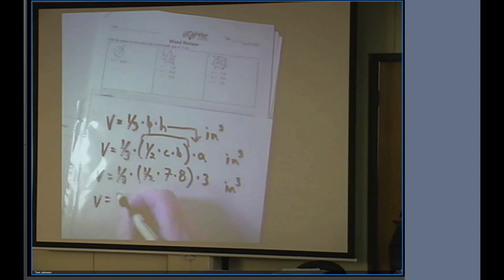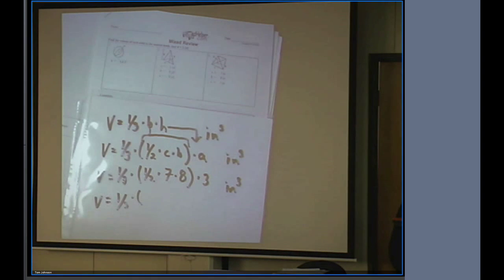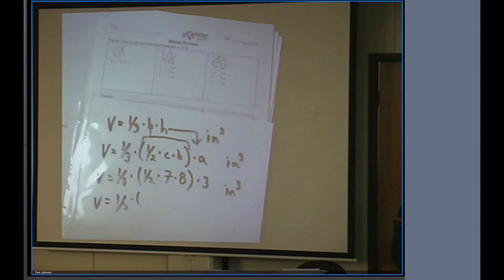So my volume is 1/3 times 1/2 times 7 times 8. So tell you what, let's take 1/2 times 8, because again, commutative property says I can move that around.